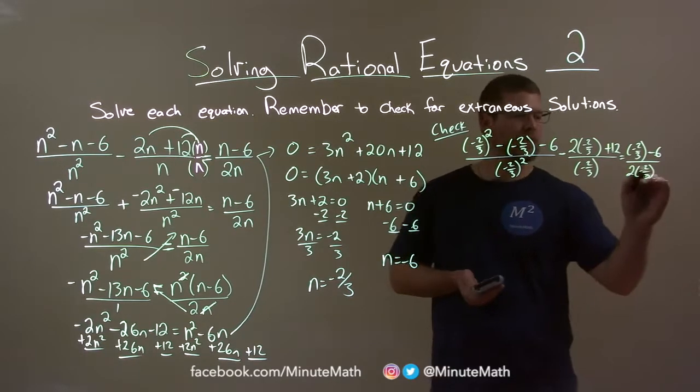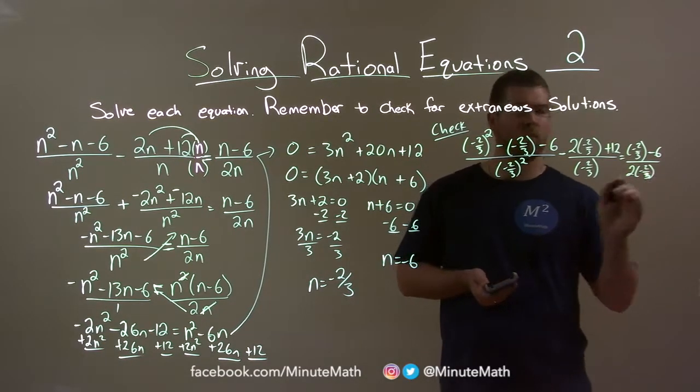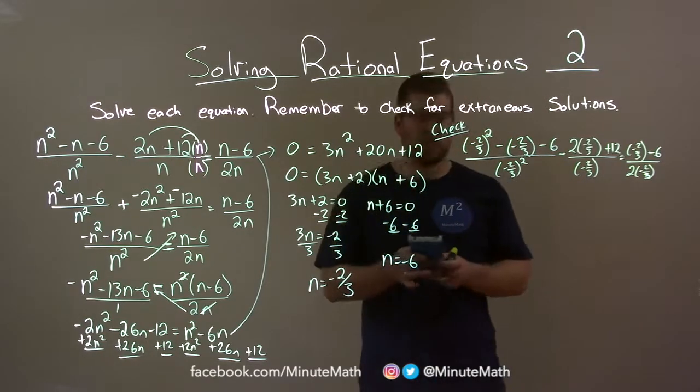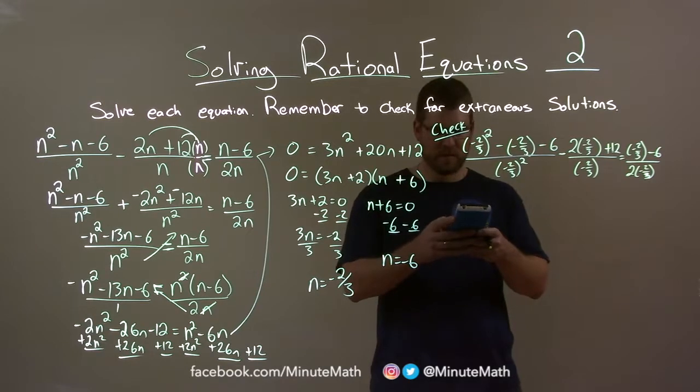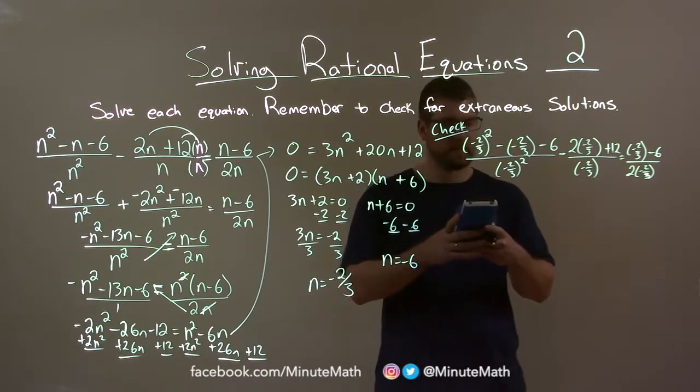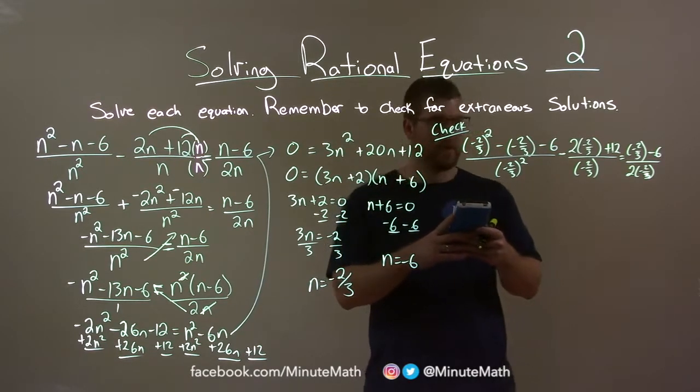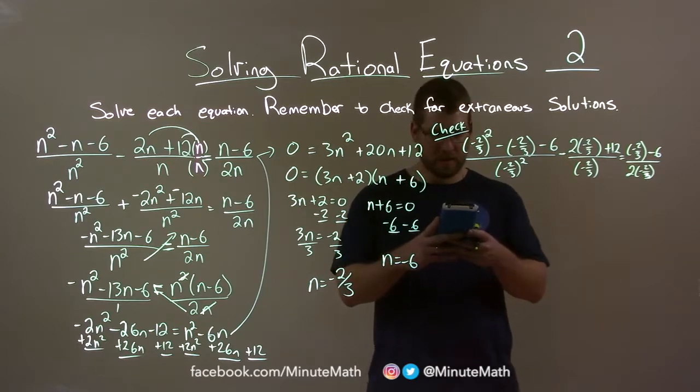Okay. So I'm going to try to simplify a whole bunch at once here, so bear with me with the calculator. We have negative 2 thirds squared minus a negative 2 thirds minus 6, and we divide that by our denominator, which is negative 2 thirds squared.